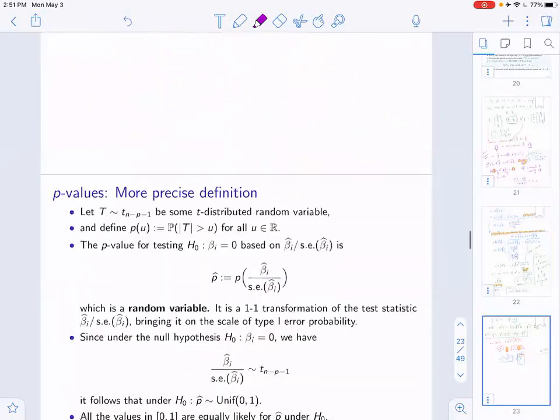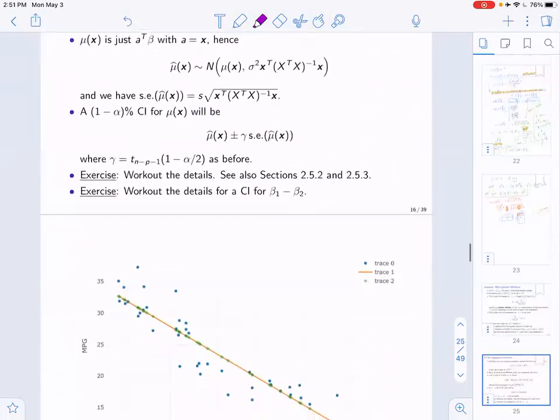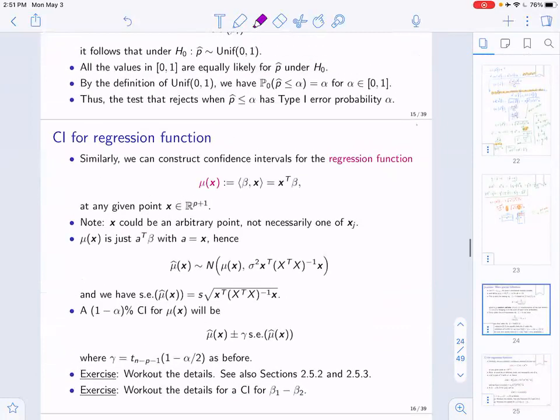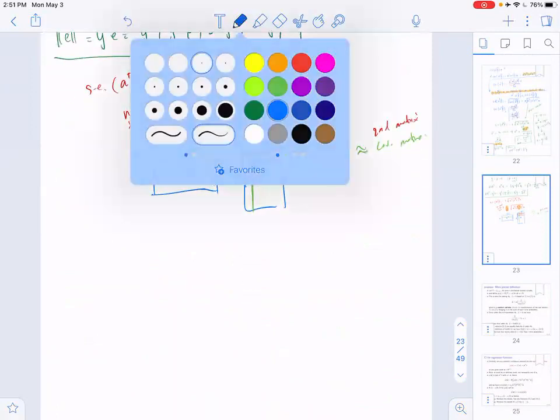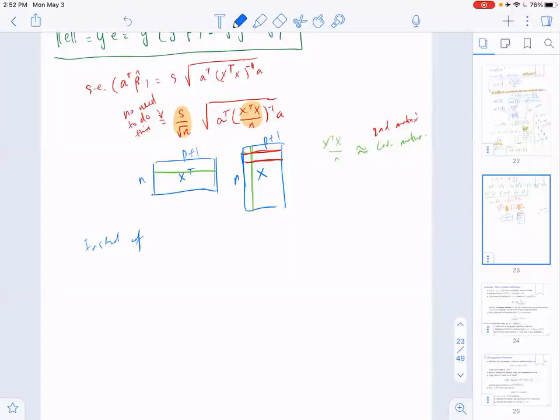Okay, so if you look at the slide, everything that I did here, I can replace, instead of working with A transpose beta hat, let's work with X transpose beta hat, where this X is just another name for A. It's just a renaming of this vector A, but this is oftentimes referred to as the regression function.